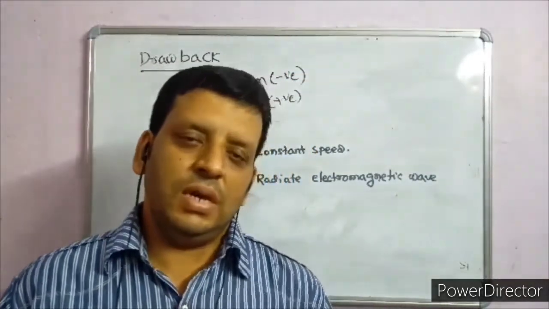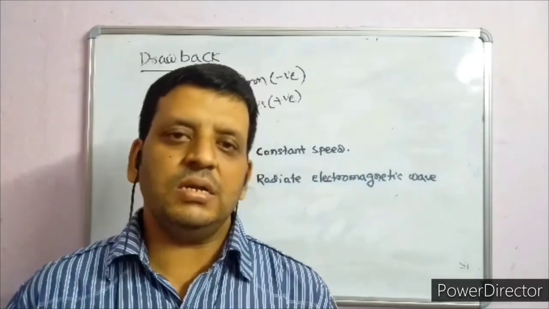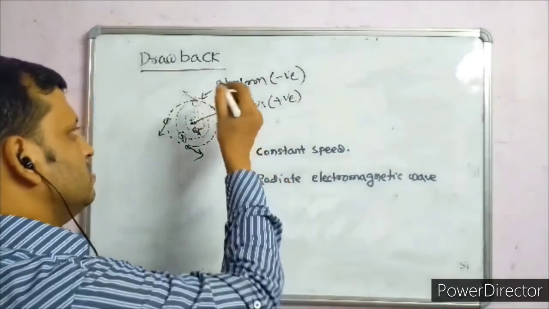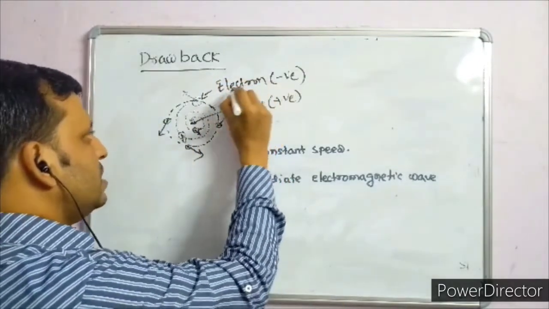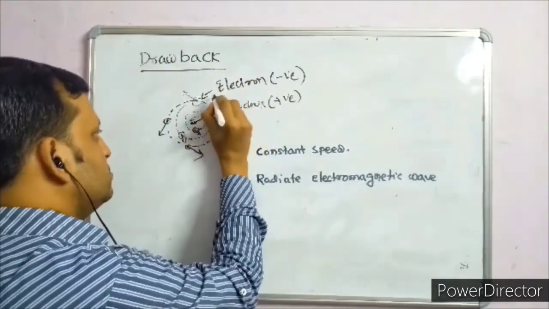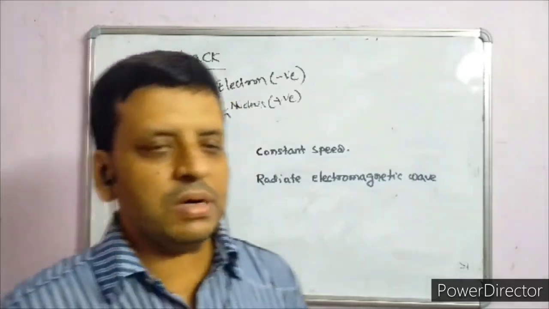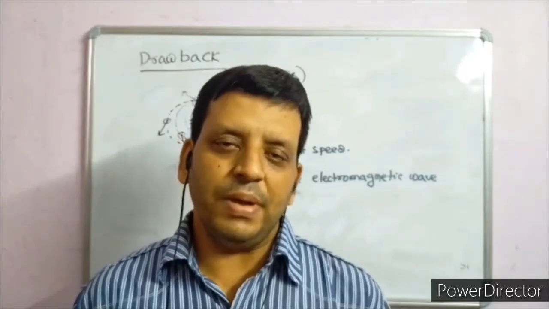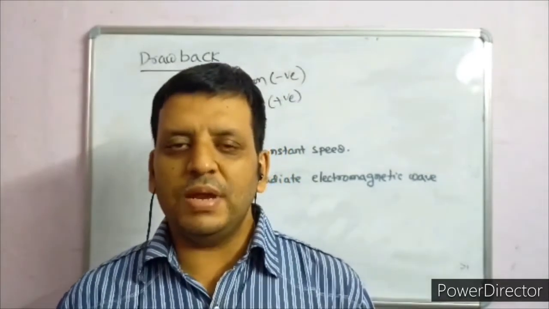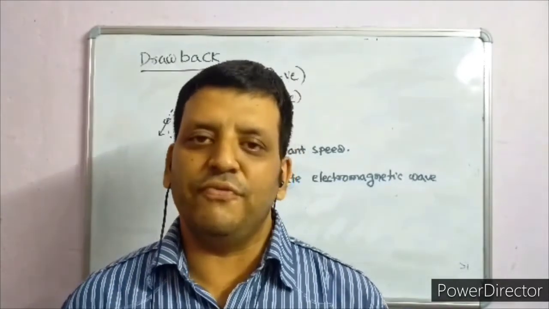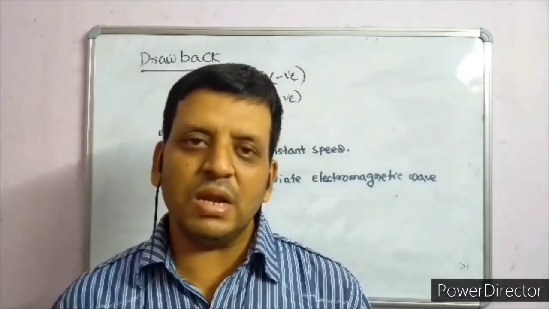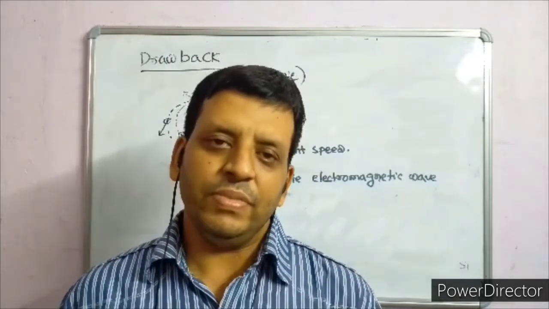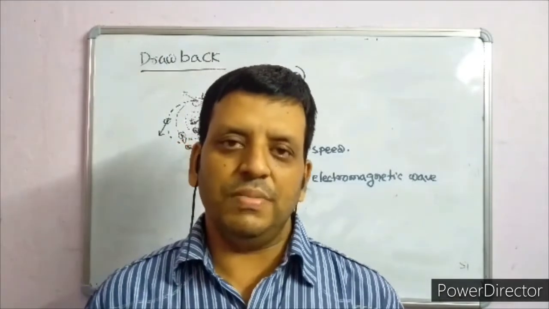Because the electron is negatively charged and the nucleus is positively charged, there must be some force of attraction so that the electron should fall into the nucleus, but that never happens. Why it does not happen could not be explained by Ernest Rutherford, and that was explained by Niels Bohr. So we shall see this theory in our forthcoming class.